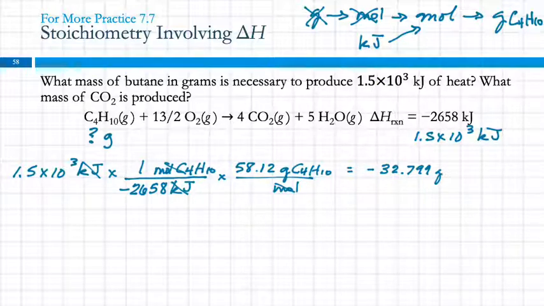Yeah, but that means the mass is gaining it? No. This number is negative. So this 1.5 times 10 to the third is negative because the reaction is losing that amount of heat. And if I put negative 1.5 and divide by negative, then I end up with a positive mass. You just can't have negative mass.